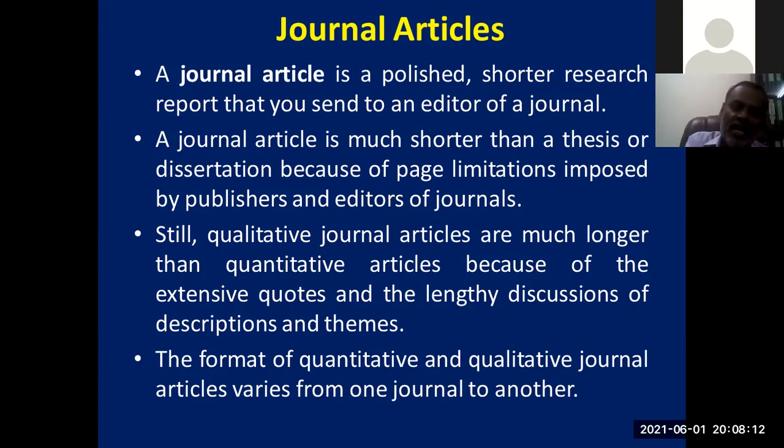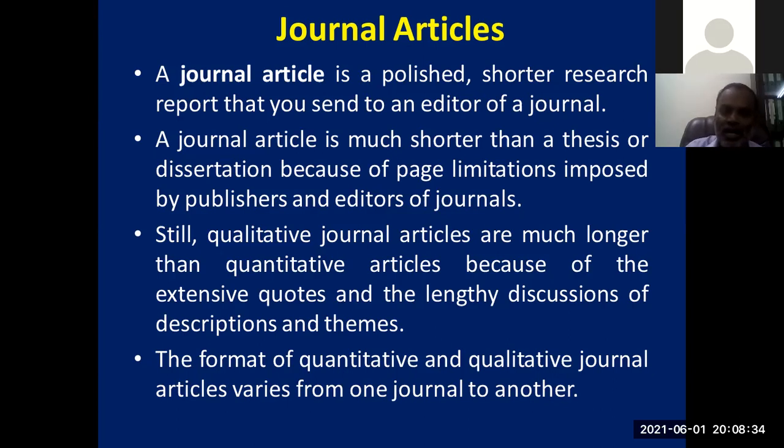A journal article is much shorter than a thesis or dissertation because of page limitations imposed by the publisher and editor. So it is mandatory for you to reduce the number of pages from 100 to 5 to 7 pages, according to the preference of the journal.